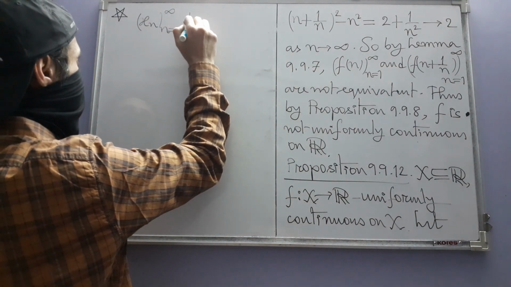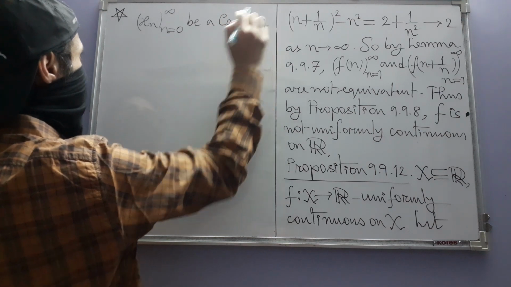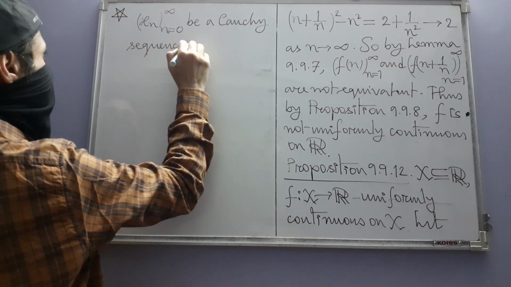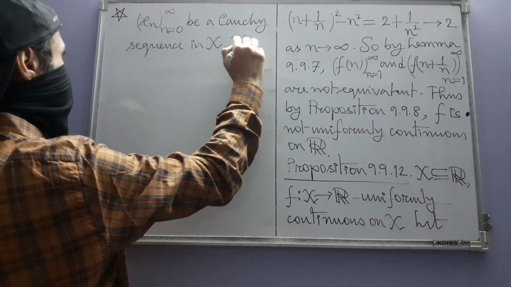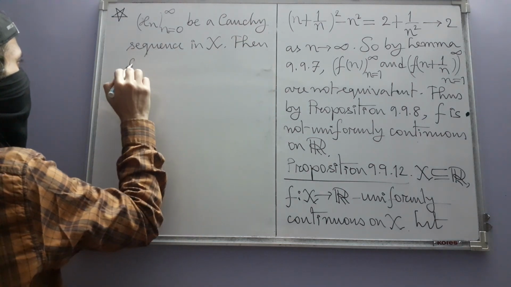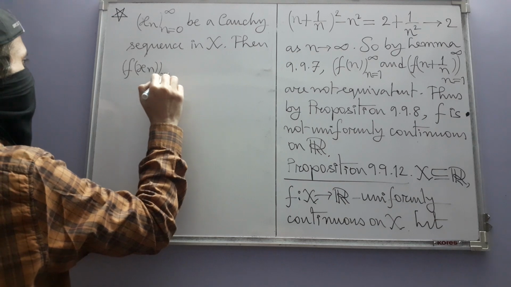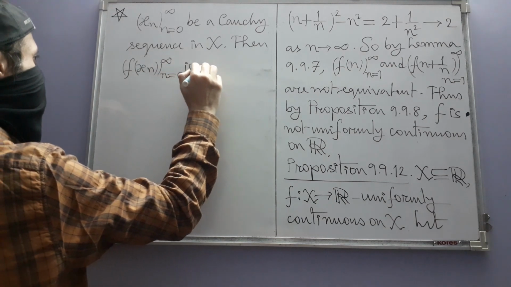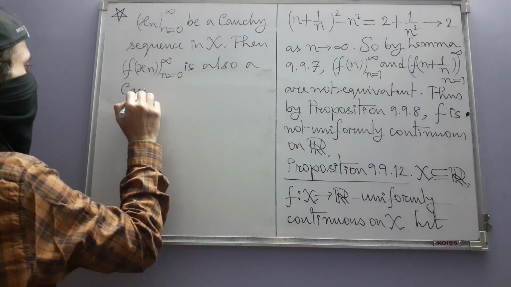Let this be a Cauchy sequence in X. Then the f image is also a Cauchy sequence.